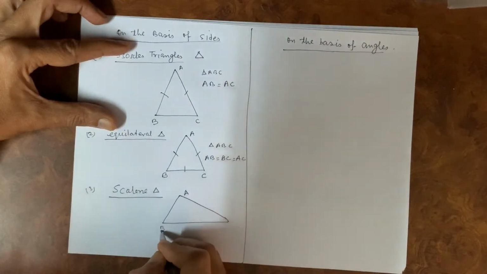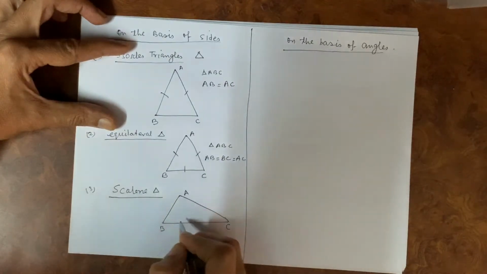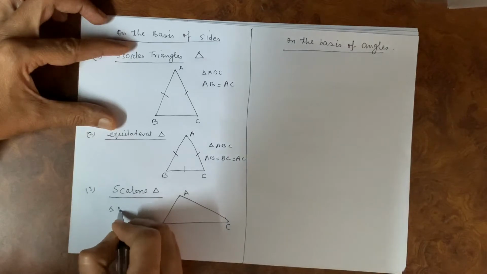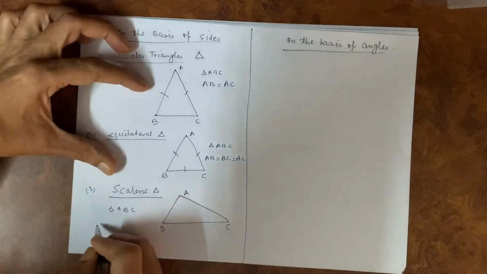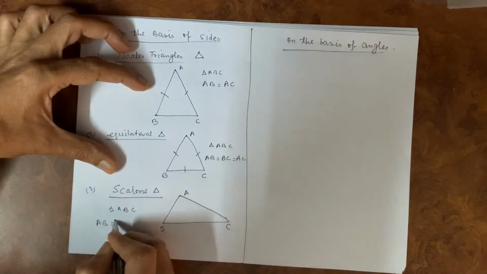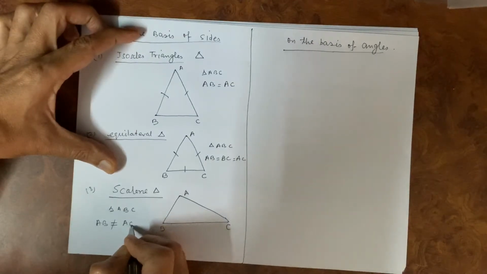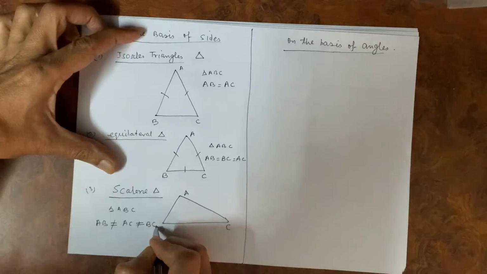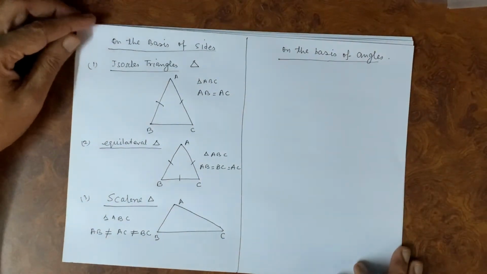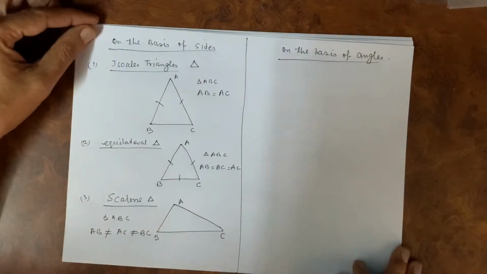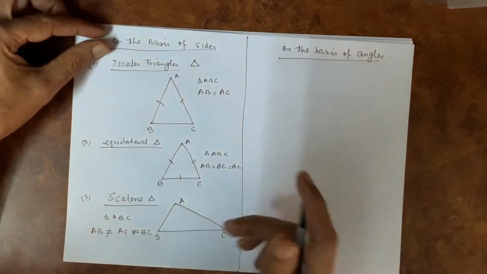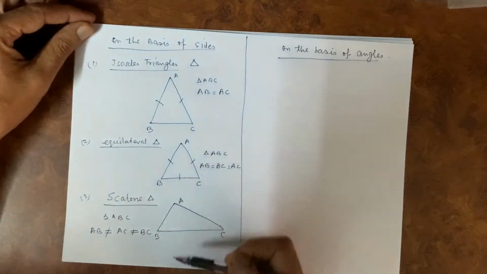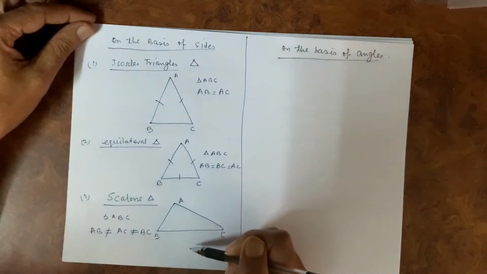Triangle ABC: AB is not equal to AC, which is not equal to BC. All the three sides are of different lengths. So, viewers, there are three types of triangles on the basis of length of sides.